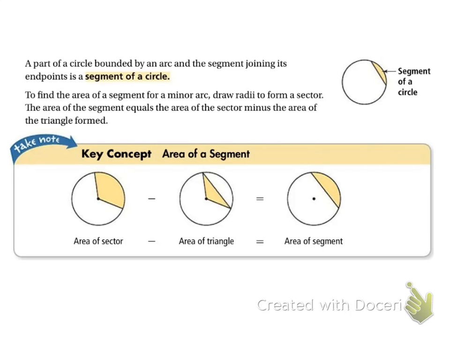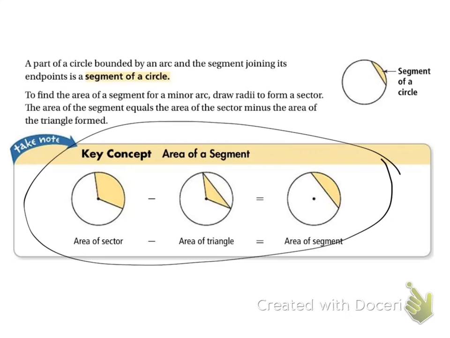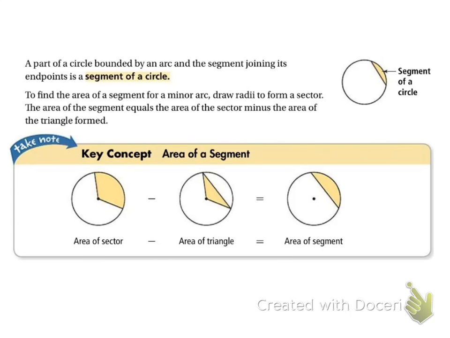Okay, so now we're going to talk about a segment of a circle, kind of like the crust of pizza maybe. So the segment of a circle, you can see a picture of it there. It's bounded by an arc and segments joining its endpoints. If you look down here, the area of the segment, you can see, is when we take the area of the sector and we subtract this triangle. These are both radii.